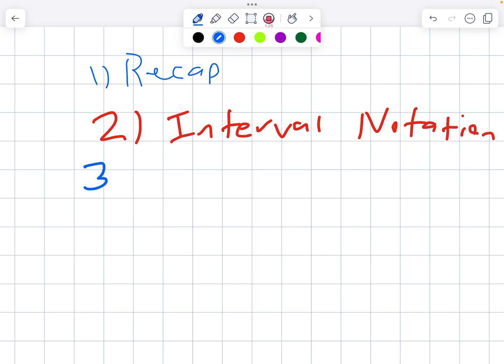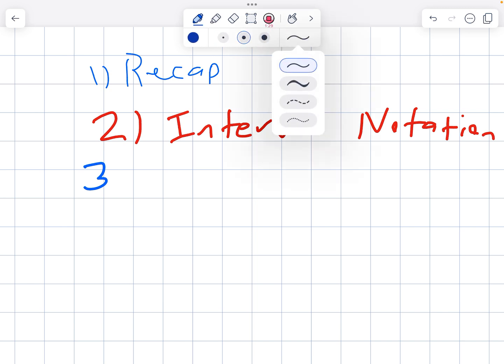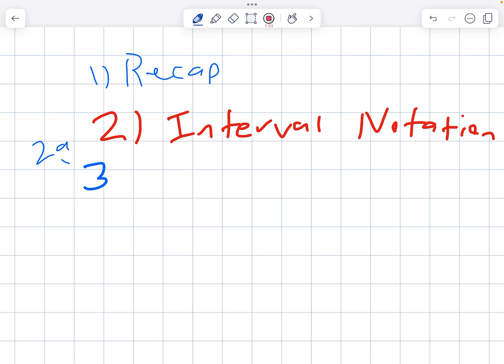It's basically a 2a here, but let's humor me and say it's a 3. Which means we're going to do some examples. And don't mind if I switch the thickness of the pen. We're not switching the notation, that's for sure.